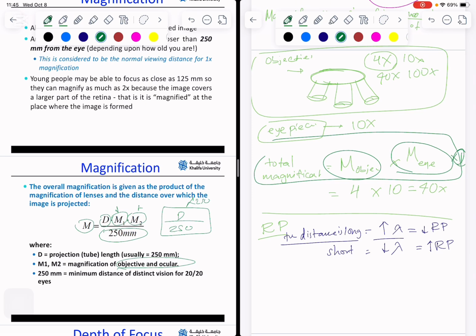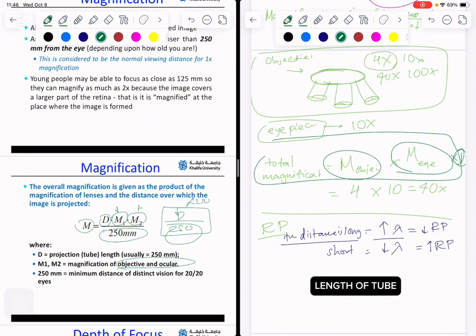When you look at the objective lens, the distance from the objective lens to the image is 250, and the other 250 is actually the length of the microscope itself.